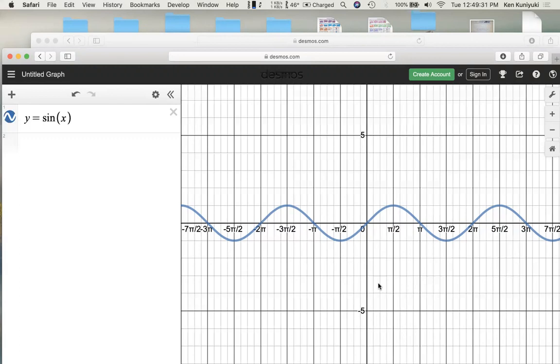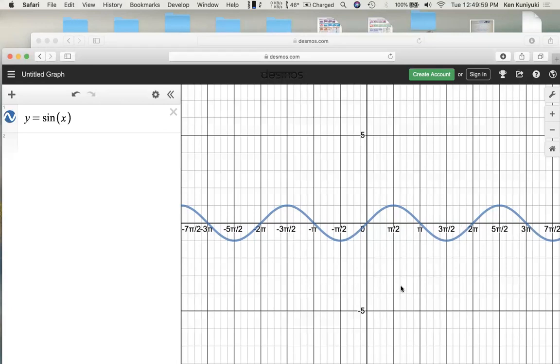The problem is that even though this graph passes the VLT, the vertical line test, so we have a function here, it fails the HLT, the horizontal line test, which means that this function is not one-to-one. It's not invertible. I can take a horizontal line here that intersects the graph in more than one point. In fact, infinitely many points.